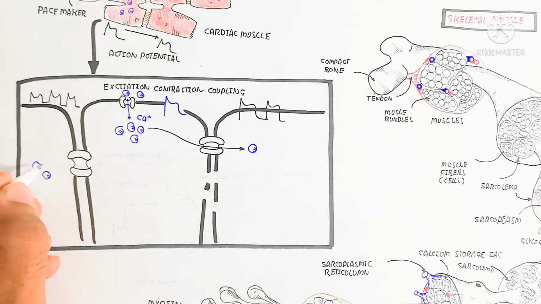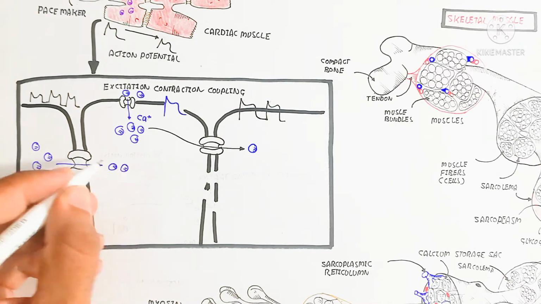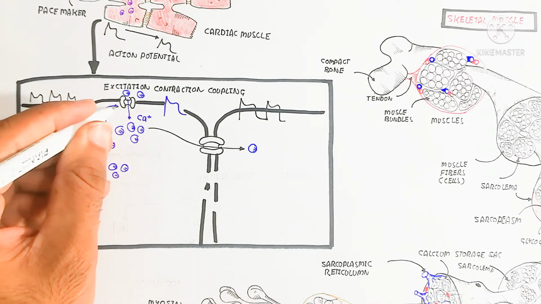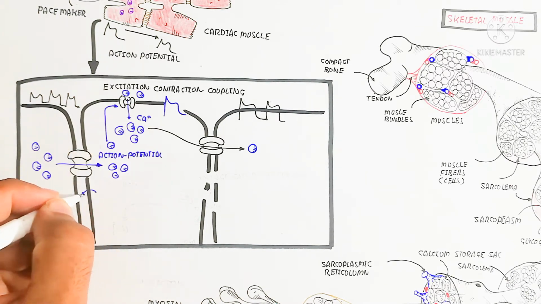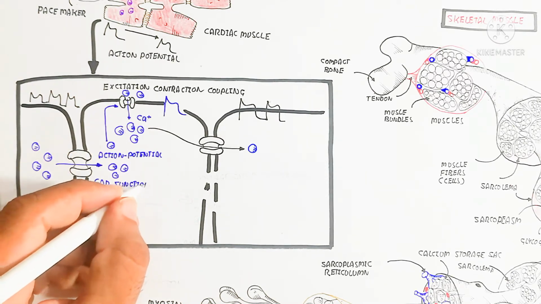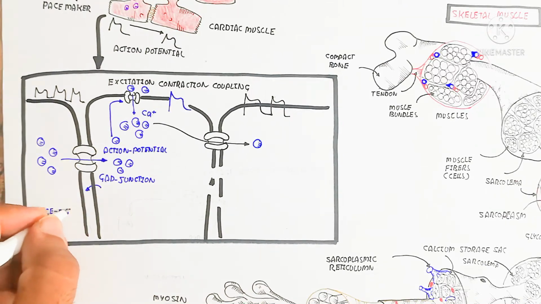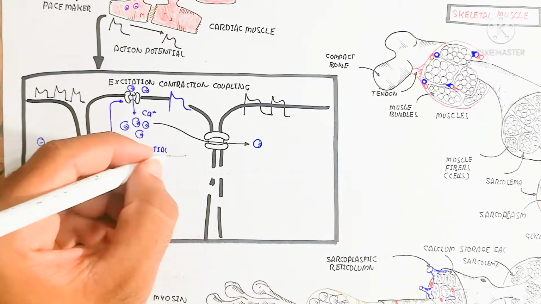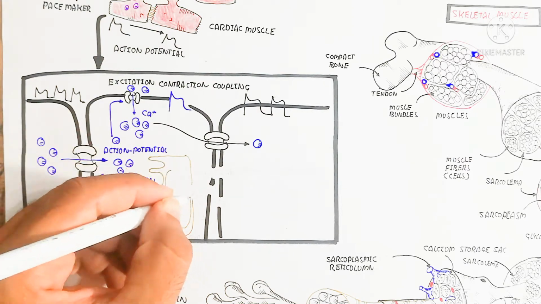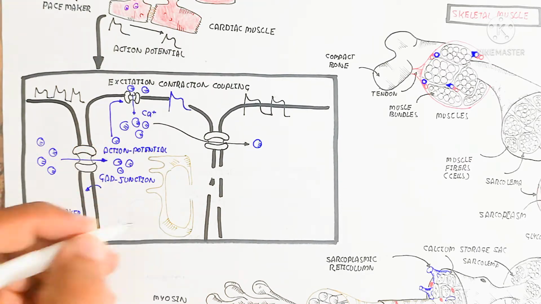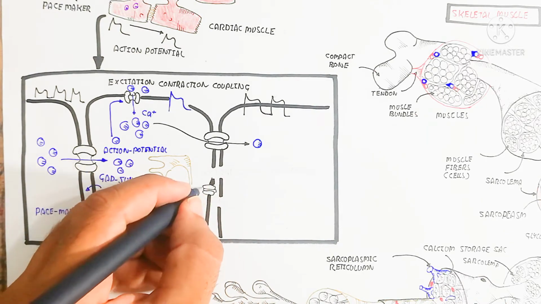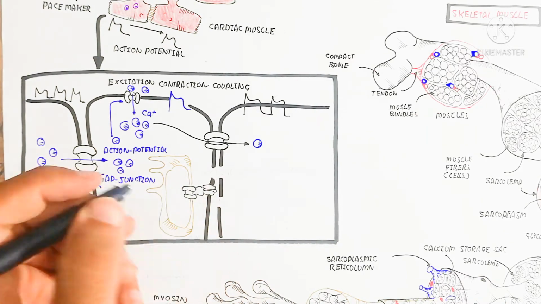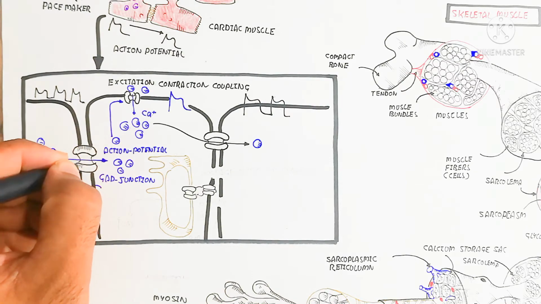So the action potential will begin through more calcium moving inside. It means the sodium will move more, like in the previous diagram of the neuromuscular junction. That is why the gap junction is present. This gap junction contains channels through which ions move, and the sarcoplasmic reticulum contains calcium.